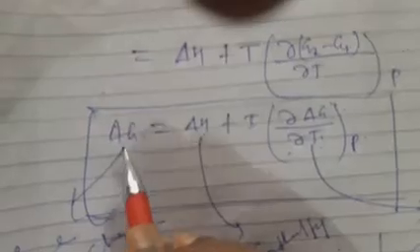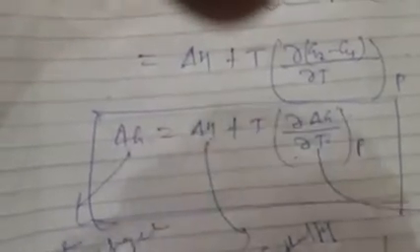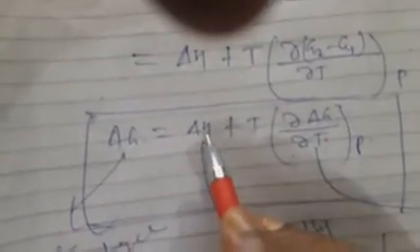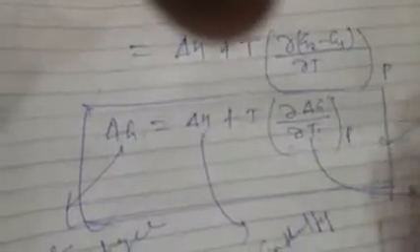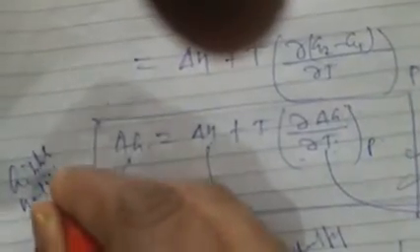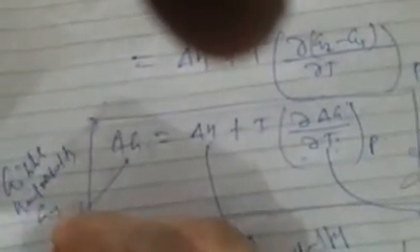So this question can be solved by applying this equation, and in this way I have proved the relation between delta G and delta H in the form of this equation. This is the Gibbs-Helmholtz equation.